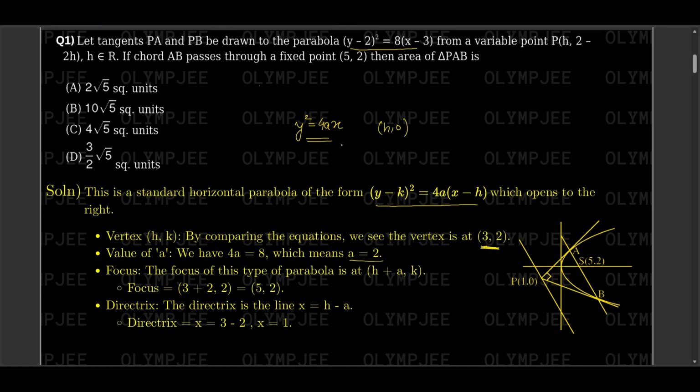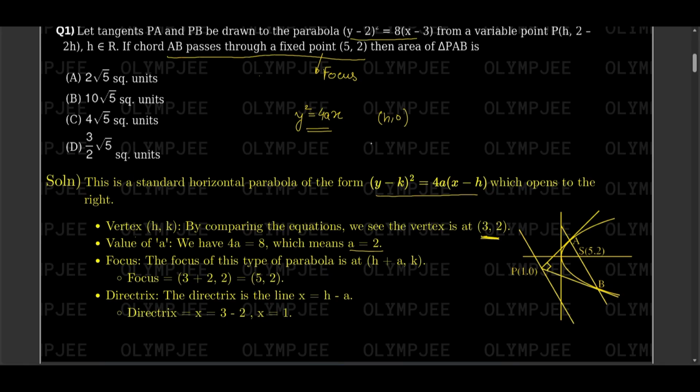But here, since the vertex has been shifted to (h, k), we use the transformation formula and find that the focus is at (h plus a, k), which comes out as (5, 2). So notice that this focus is the same point through which the chord AB was passing. So the chord AB is passing through the focus, right? This is the first thing that we got. So this fixed point is the focus. And the directrix will be at x equal to h minus a, so x is equal to 1.